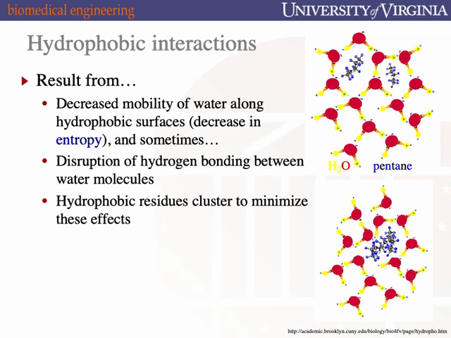It sits out there, and what happens is that to reach a thermodynamic equilibrium, the polar water molecules need to cage off the pentane. They form an ordered arrangement around the individual pentane molecules because they can't undergo hydrogen bonding like they can with water.